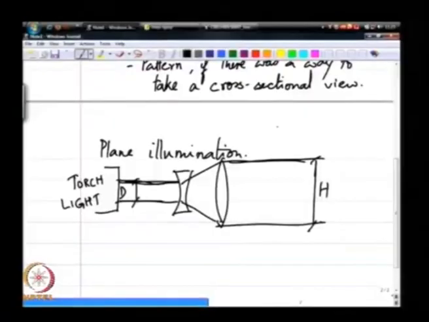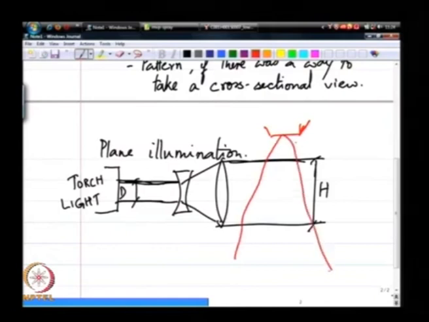Now, if I use this kind of illumination in a spray, I am only going to see the drops that are resident inside the sheet.